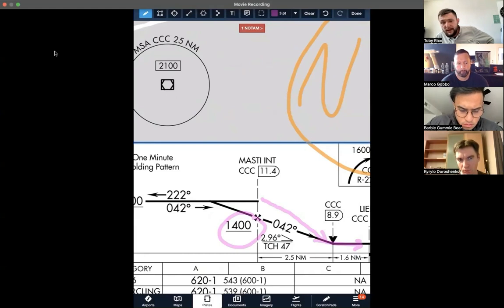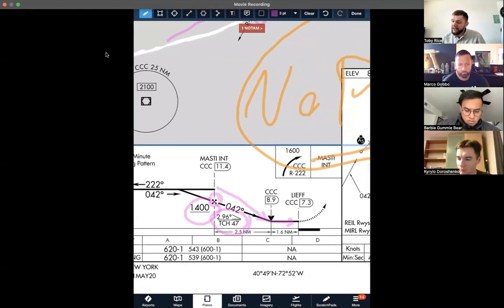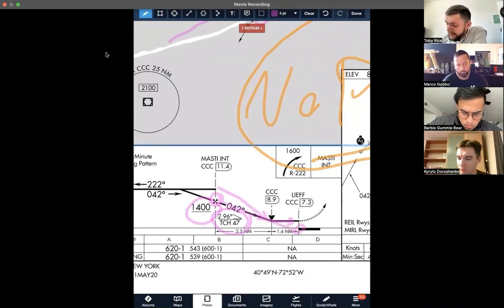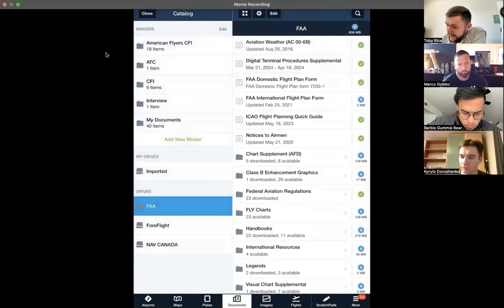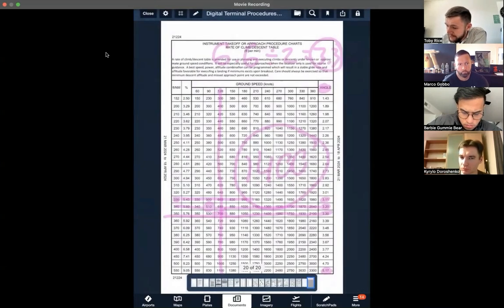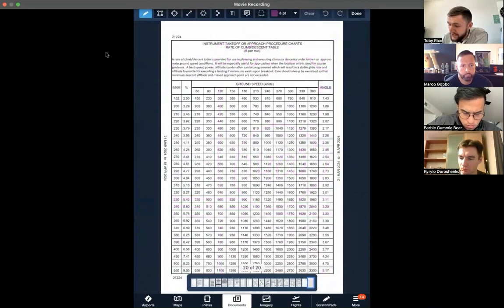You could do that. Now, I recommend flying a continuous descent on final approach if you can. You can calculate what that looks like. It actually tells you right here, 2.96 degrees from MASTI to the threshold. You're flying at 90 knots, we'll say. So we would go to Documents, FAA, Digital Terminal Procedure Supplemental. The very last page shows your descent rates.